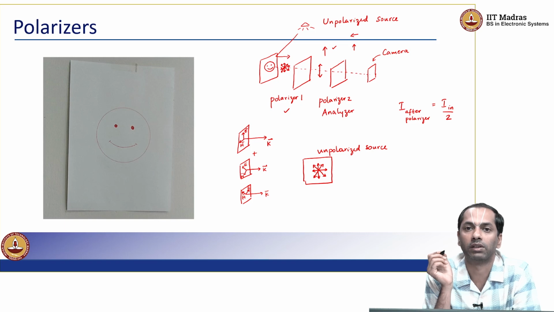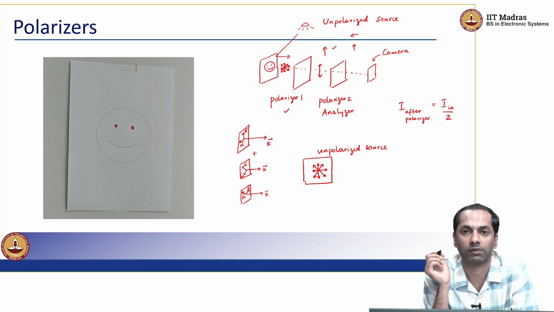We will not go into the details of how we arrive at this, but because there is no preferential direction of electric field oscillation, all directions are equally likely for an unpolarized source.